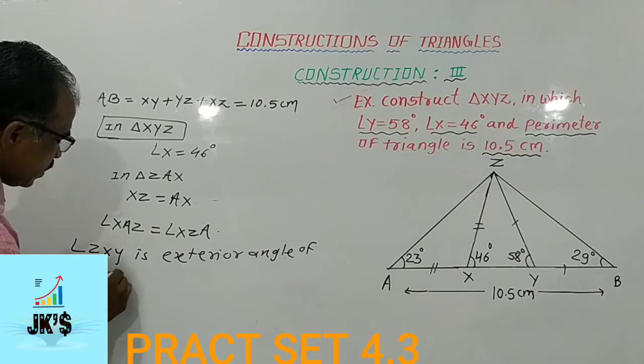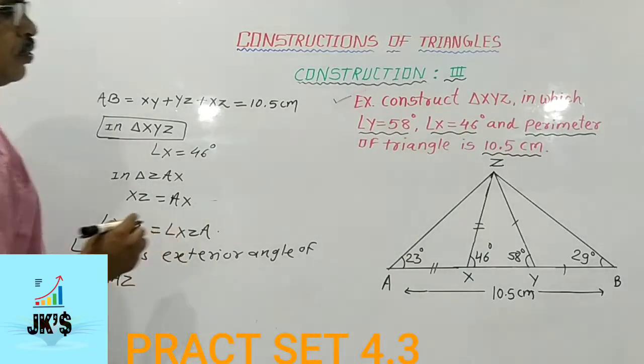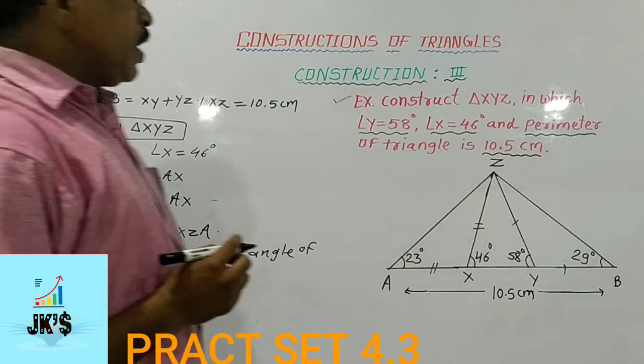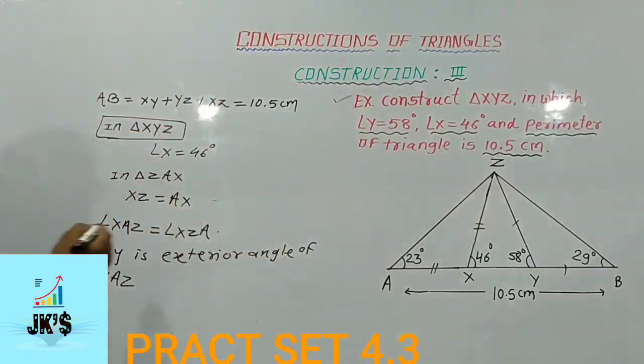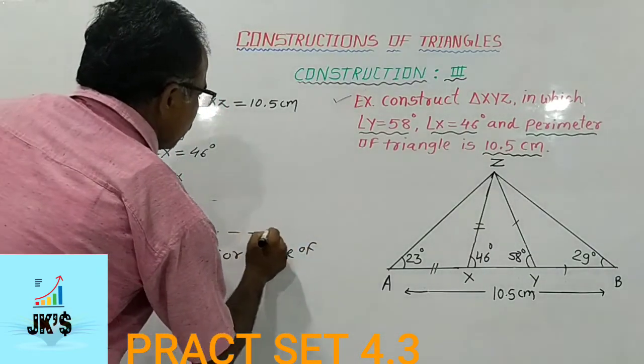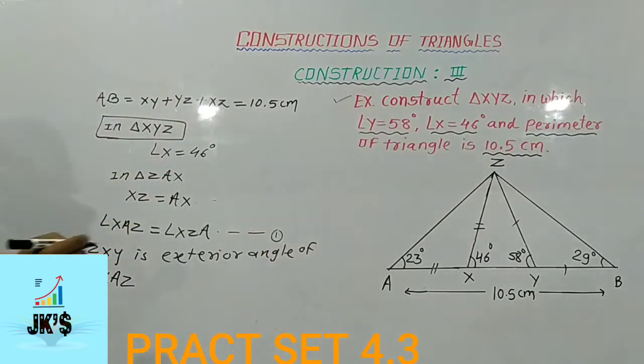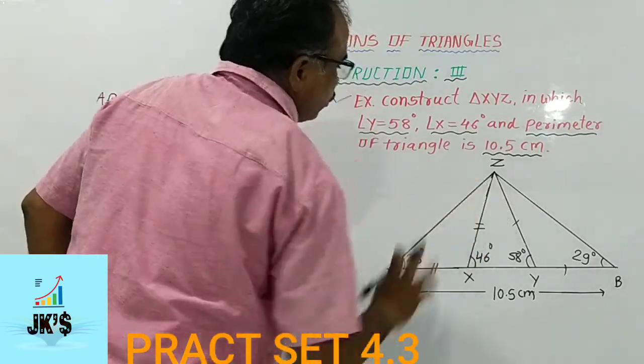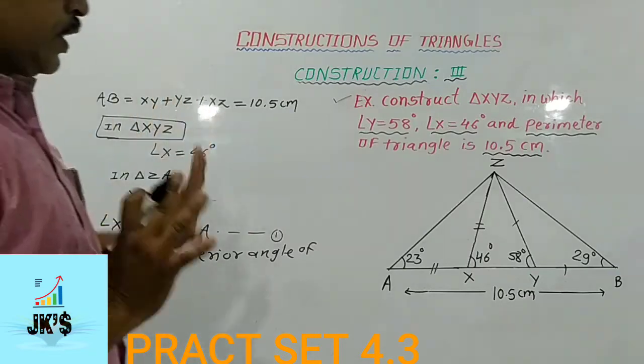So by the remote interior angle theorem, suppose this is 1, we are taking AX equals XZ by the construction.